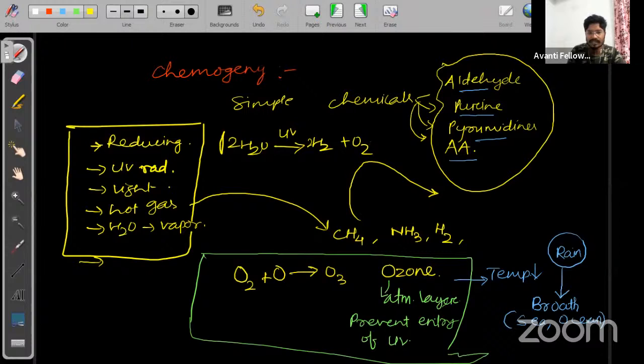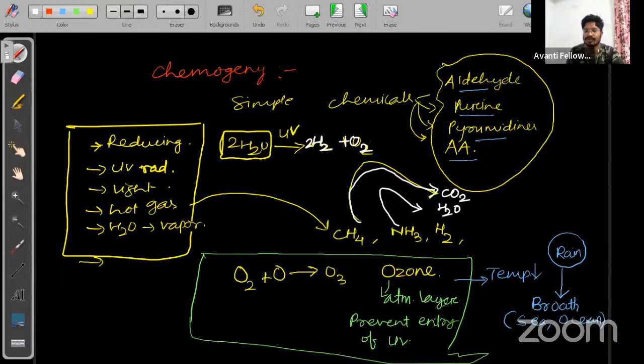The water vapor, that is water, was present in the vapor form. In presence of UV radiation it got broken into H2 plus O2. This O2 reacted with methane and ammonia, and from there carbon dioxide and water molecules were produced.